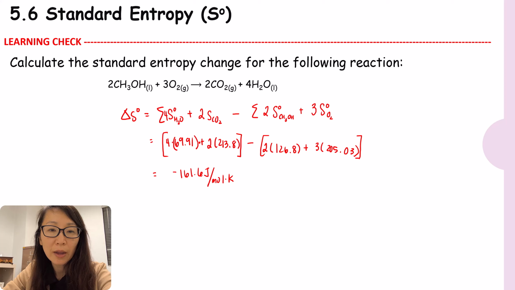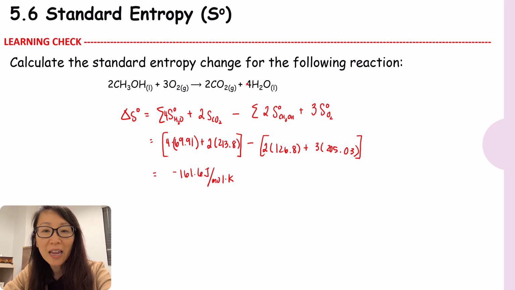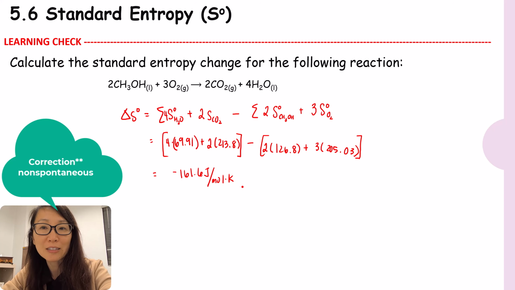So hence why I put 69.91, since it's liquid. So you have a lot of angles to look at it. And there is a 4 there, so you need to multiply that by 4. And adding all this up, you see this combustion reaction here was a negative value, which means that this was a spontaneous process.